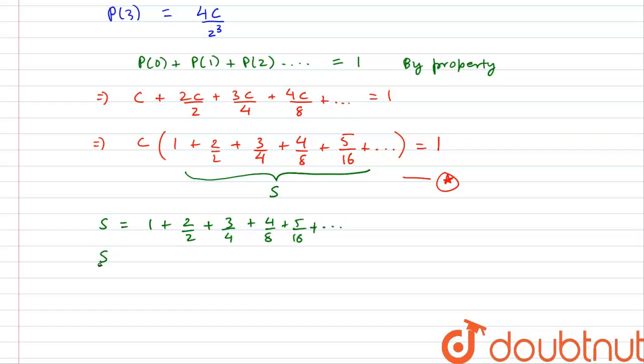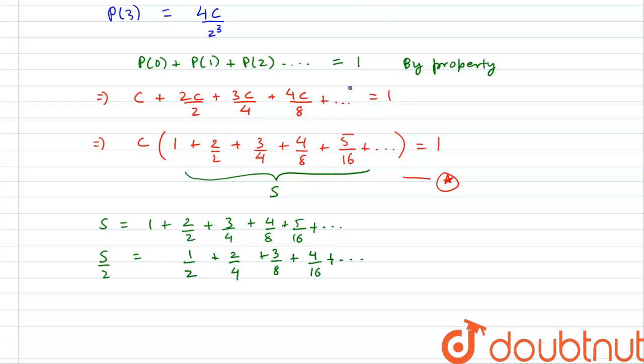Therefore the value of S by 2, half of S, will be 1 by 2, and we write the first term below the second term of the first series. So this will become 2 by 4, plus 3 by 8, plus 4 by 16, and so on. Since there are infinite terms, we can always shift this by one position.